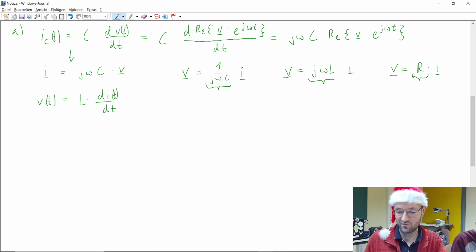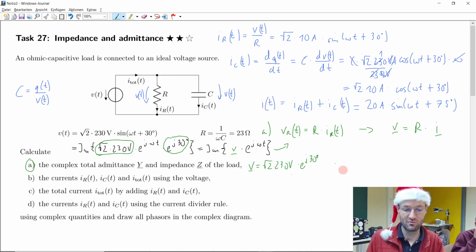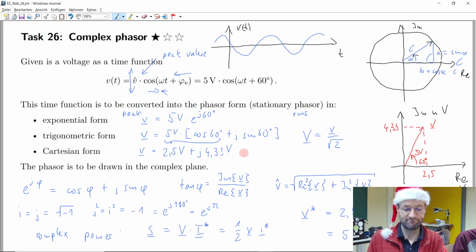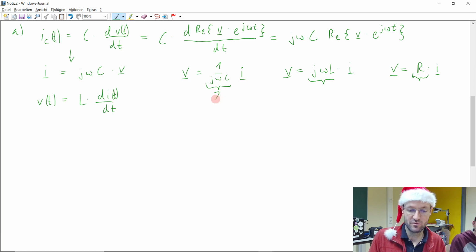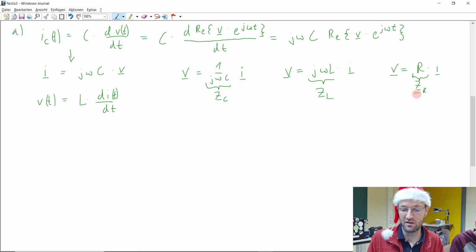Some term that appears here in our exercise task. This is impedance, exactly. So this here we would call Z, or this is what we would call ZL, or ZR. And these impedances are usually complex.